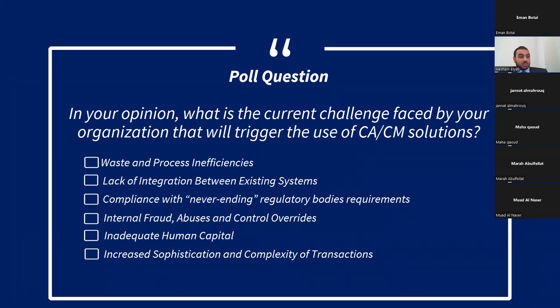Although I was expecting a little bit to go into some answer like 6, the increased sophistication and complexity of transactions, or 1, waste and process inefficiencies, it seems most of you are facing issues when it comes to integration within existing systems in your organization. So you have the data disparate across different systems.